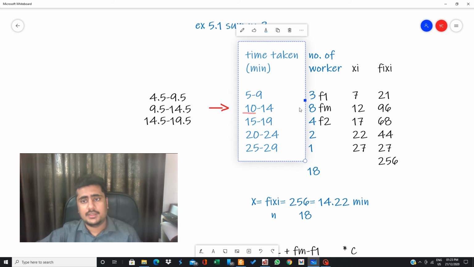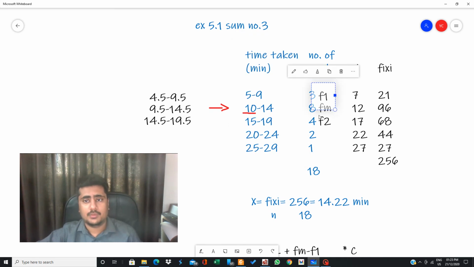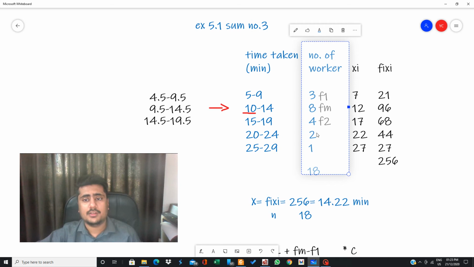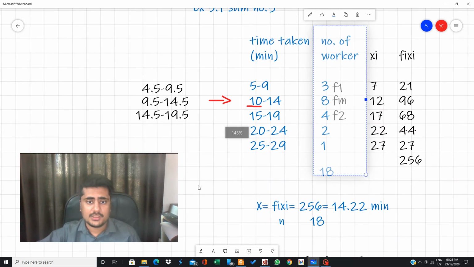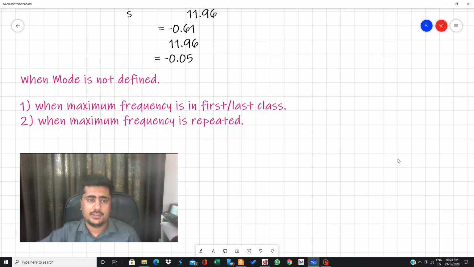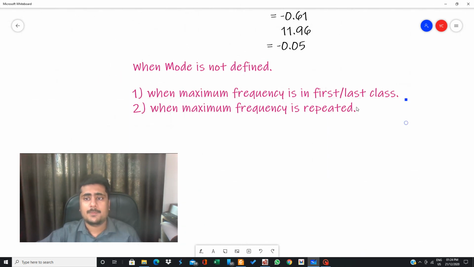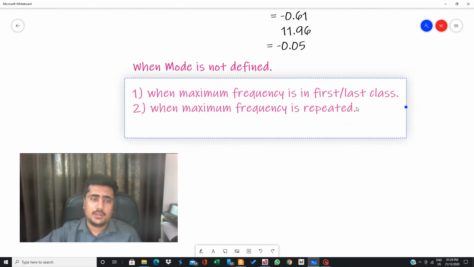Now this 8 is 2 or 3 times maybe. Then where you will put Fm? Maybe here it is 8, here it is also 8. Then where you will be putting Fm? So there is bit confusion. So these are the cases when mode is not defined, when maximum frequency is repeated. Again, I'm telling you, it's only about the maximum frequency, not about any digit. If any smaller digit is repeated, we don't mind about it. So maximum frequency should not be repeated.